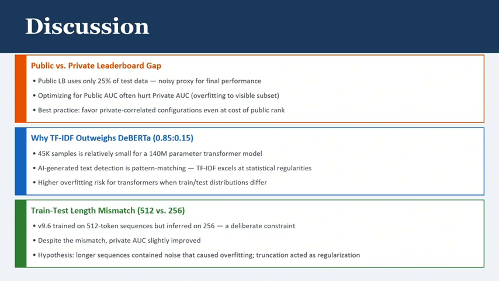Third, in version 9.6, we trained on 512 tokens, but inferred on 256. Surprisingly, this improved the private AUC, suggesting truncation acted as regularization.